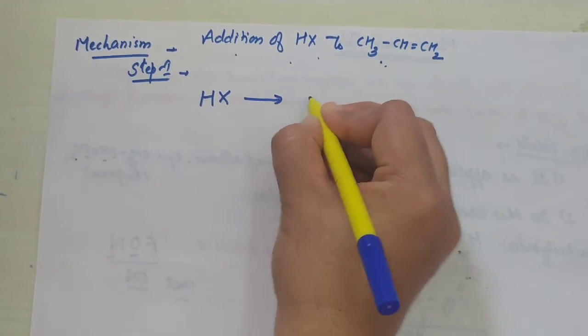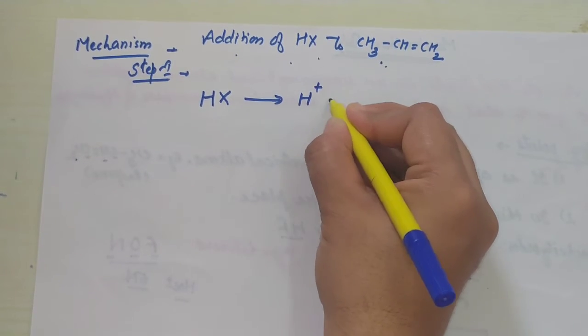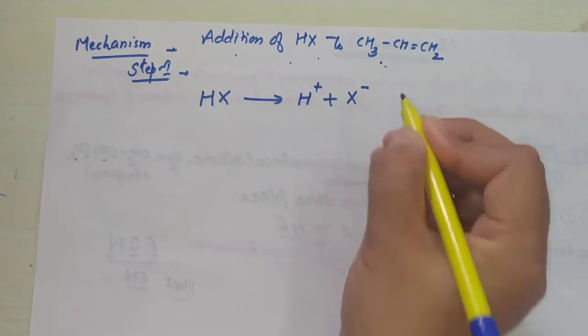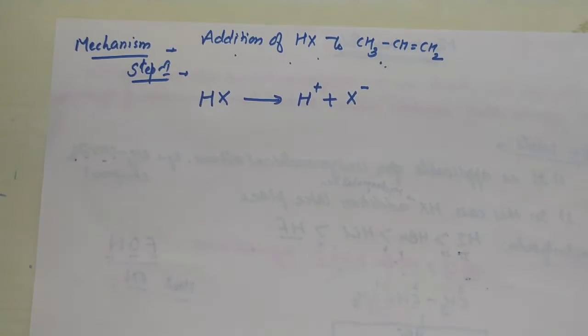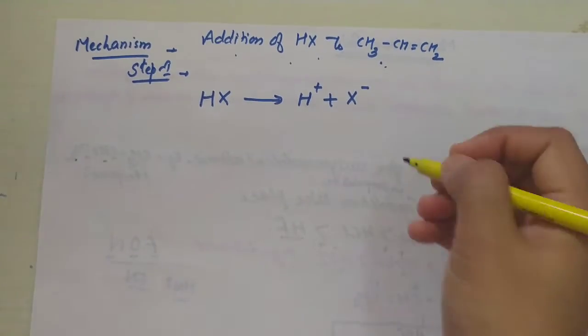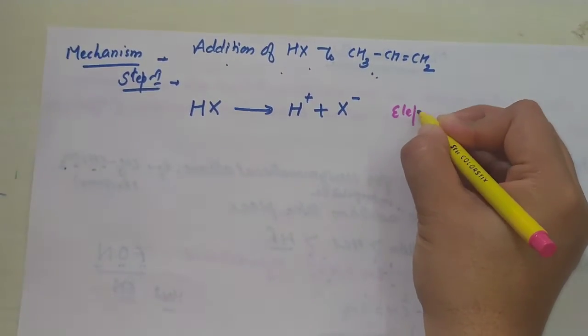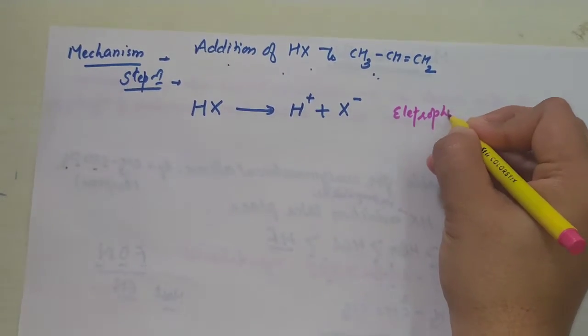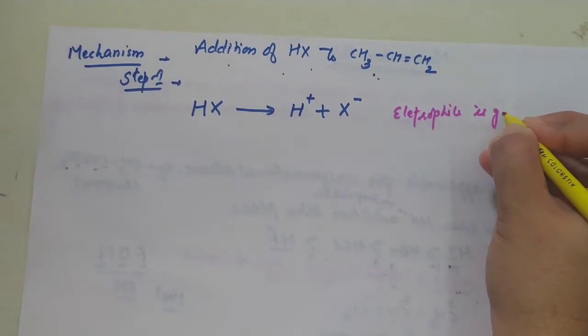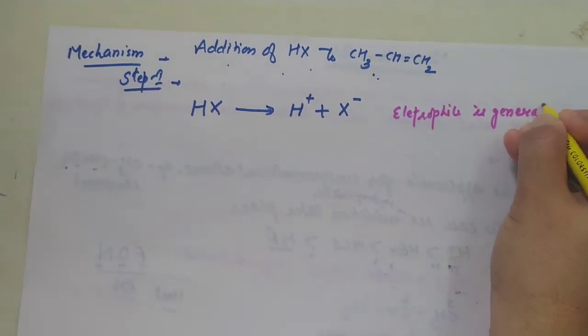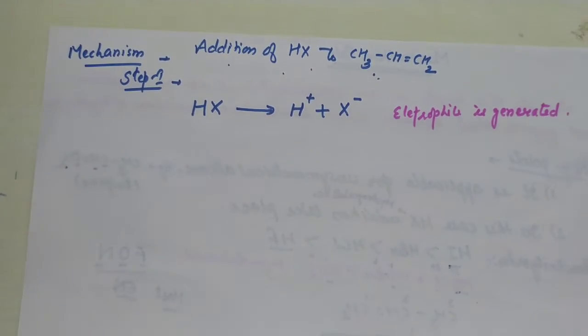In the first step, it gets cleaved and forms H positive plus X negative. This is the first step, in which the electrophile is generated.